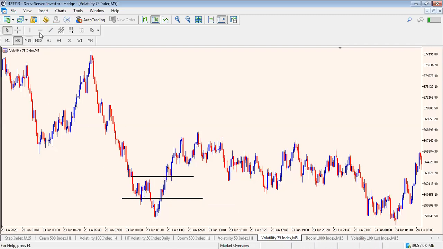At first it was going down. We had a lower high here, then we have a lower low here. It's going down nicely.